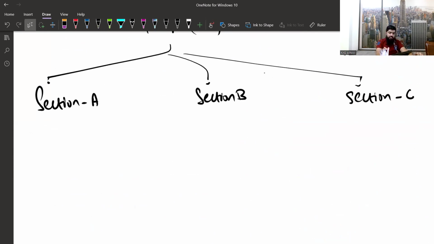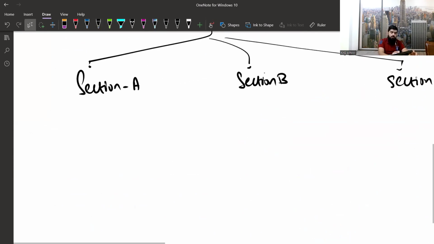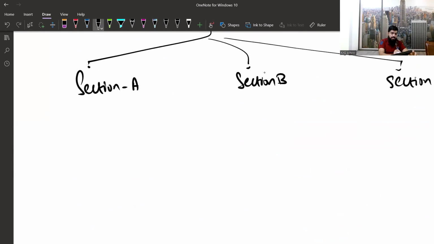Section A is quite simple and similar to what we have already done in the previous exams. In this section A, MCQs will be tested, or in this particular exam, it is not called MCQ, it is called OTQ, that is objective test questions. We can call it an MCQ, but MCQ would not be an appropriate word. Why?